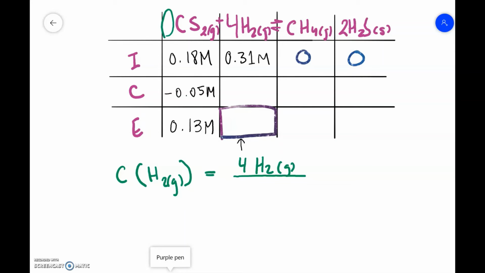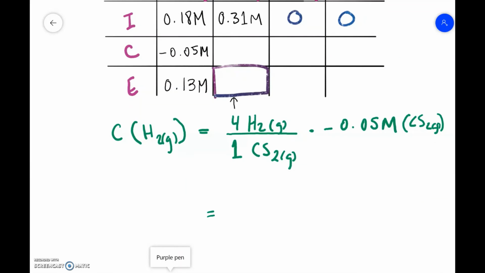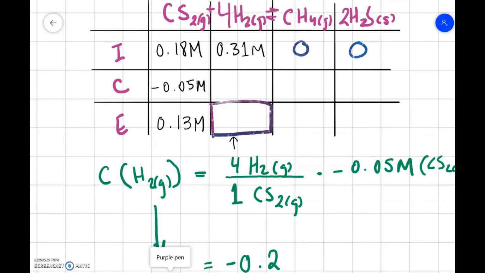Over here, since there is no value, that means there is only 1 mole of CS2 gas, multiplied by the change value of CS2, negative 0.05 moles of CS2. Once you do this and plug it into our calculator, you should get an answer of negative 0.2. Negative 0.2 is our change in hydrogen gas concentration.